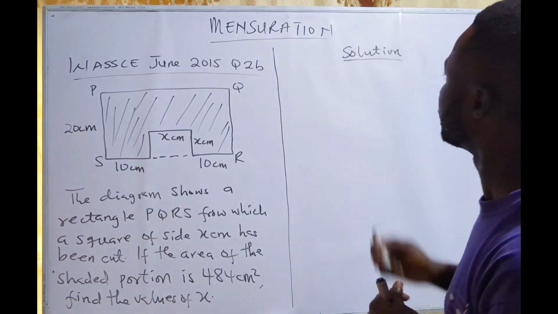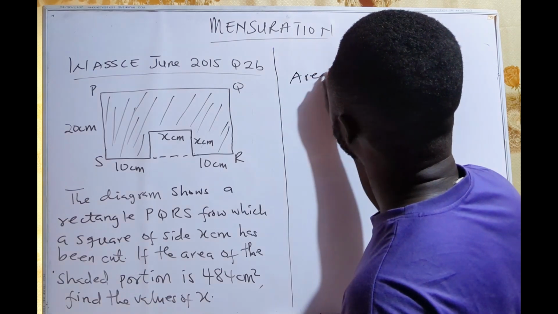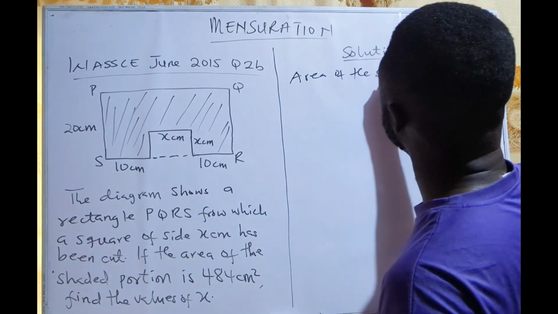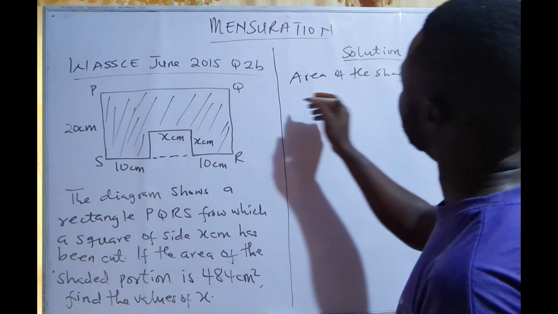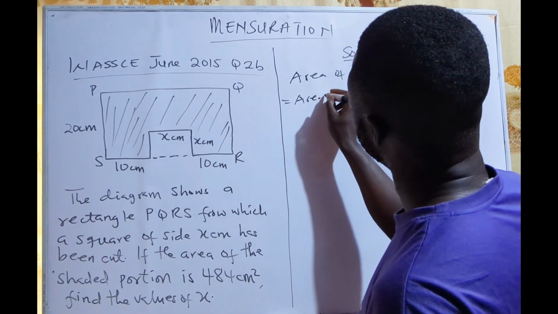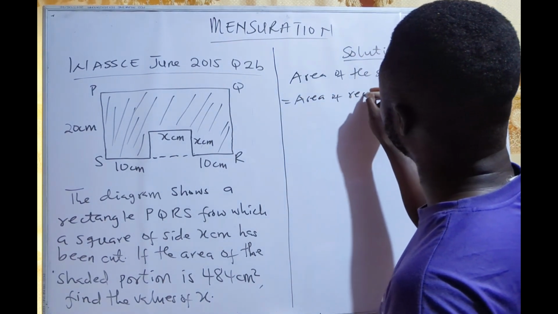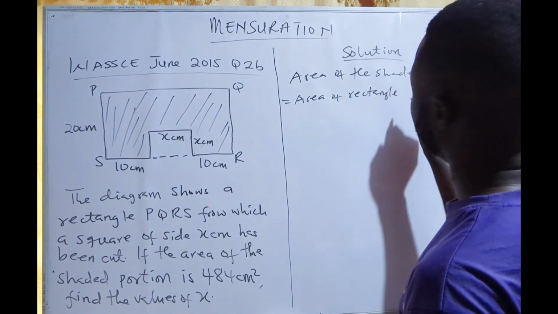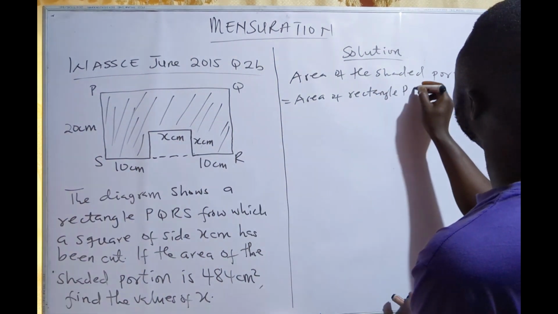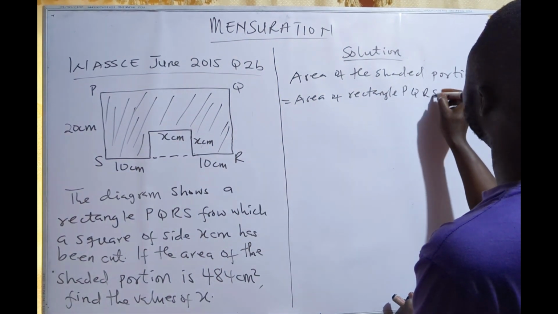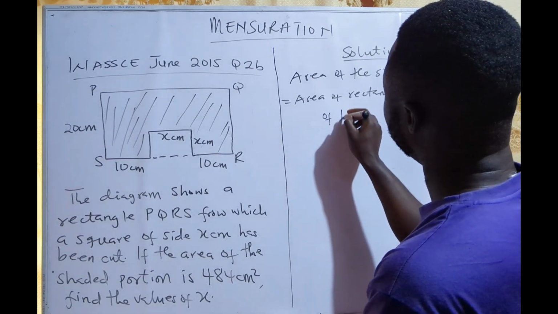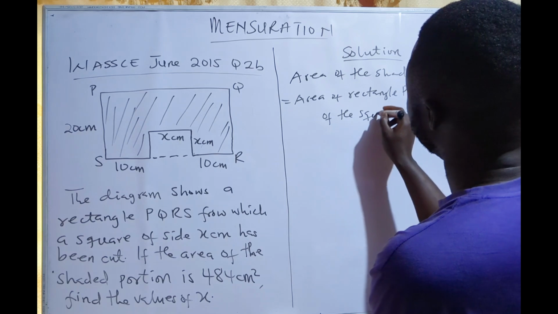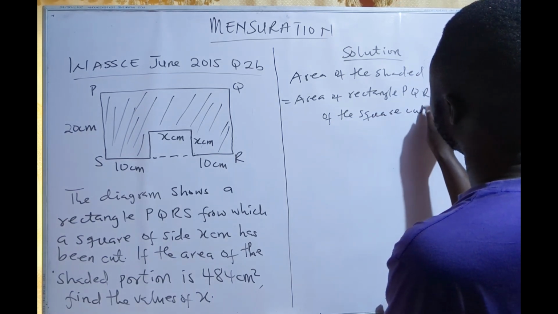So the area of the shaded portion will be equal to the area of rectangle PQRS minus the area of the square cut off.